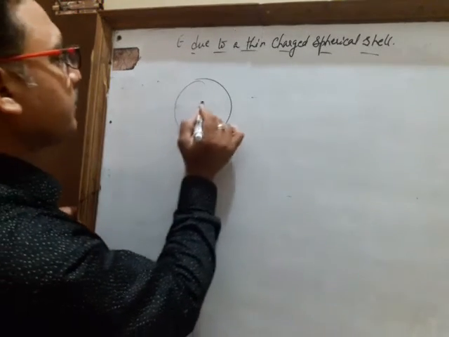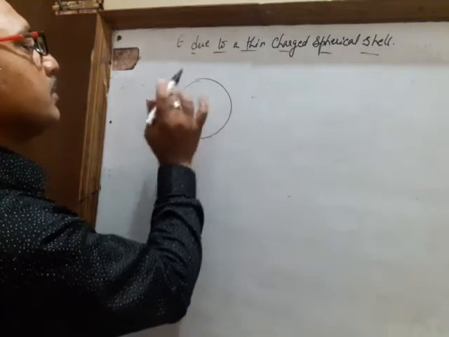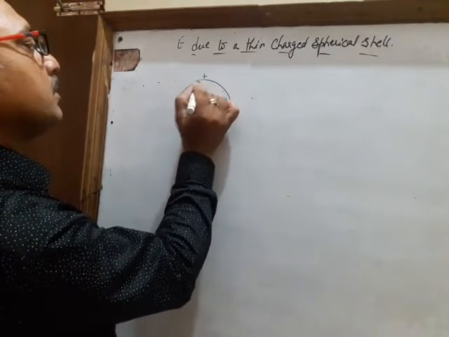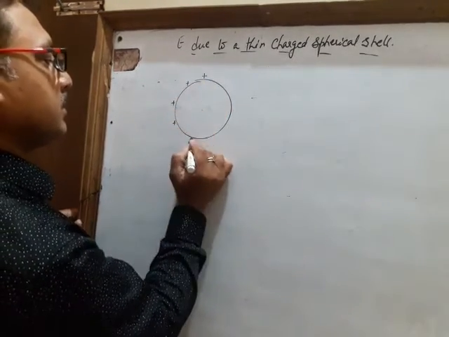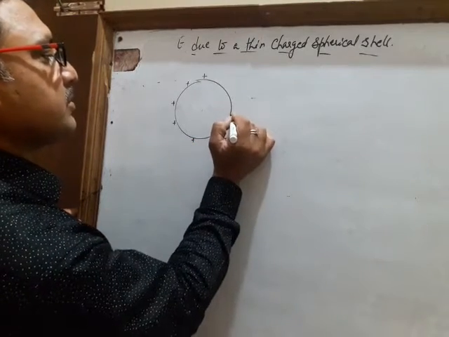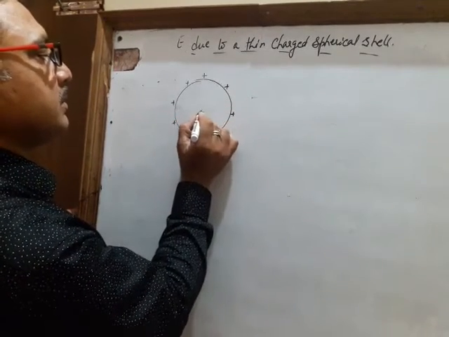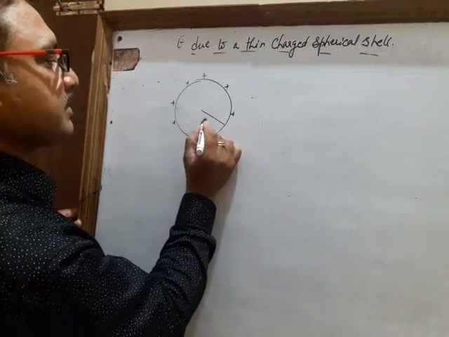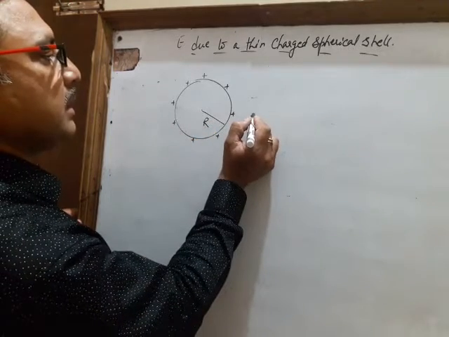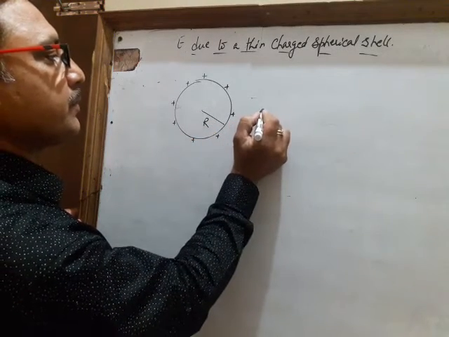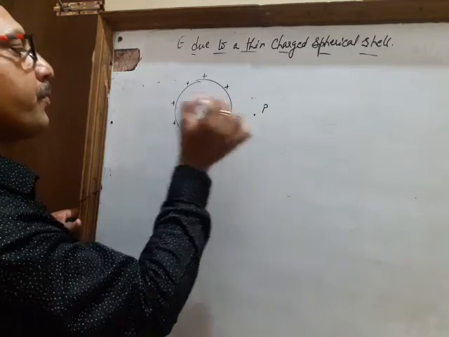This is the sphere, positive charge present on the surface of this shell. This is of radius capital R, and let us take a point P outside the shell.